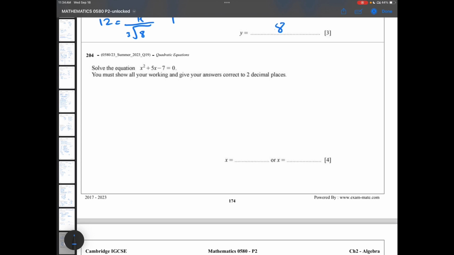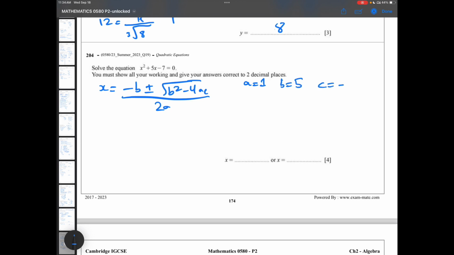So I will use the quadratic formula over here. The quadratic formula is x is equal to minus b plus minus square root of b square minus 4ac upon 2a. So in this equation, a is the coefficient of x square, that is 1. B is the coefficient of x, that is 5.